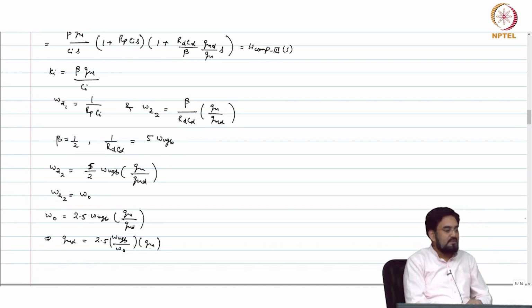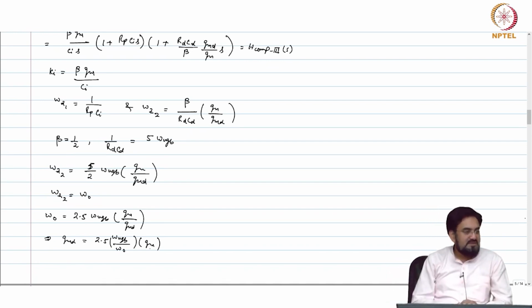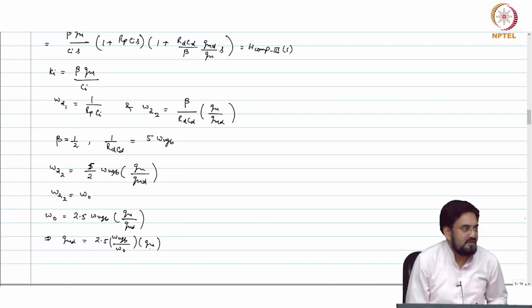Okay. So can anybody remember the numbers in the example we took? Where was omega naught and where was omega UGB? UGB is 100K and omega naught was 4 times 174 kilo, or 174 kilo radian, kilohertz. So omega UGB will be 628 kilo radian. 100 kilohertz is 628 kilo radian.